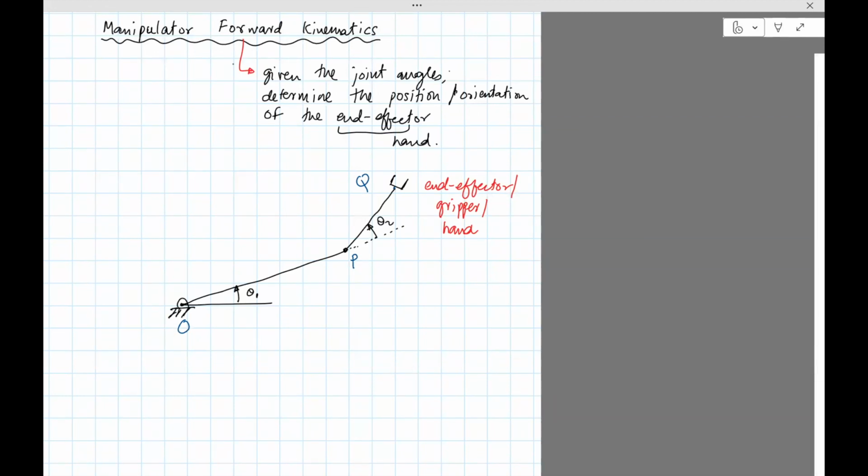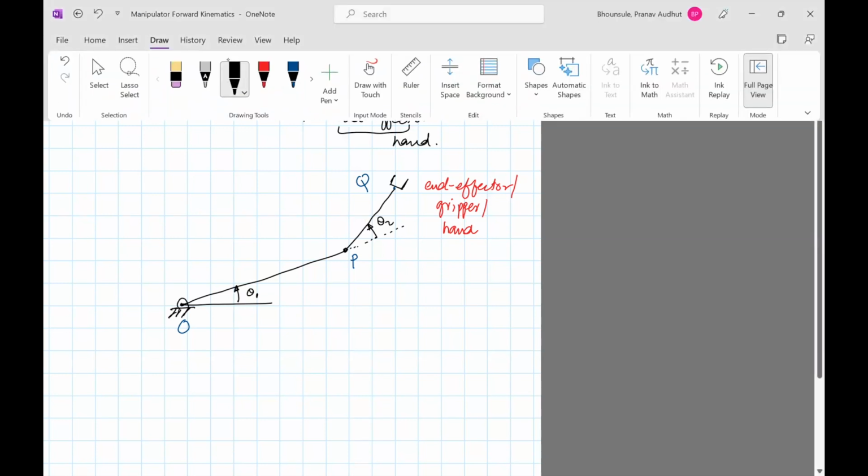So when θ1, θ2 changes, P and Q keep moving, and we want to describe that motion of P and Q as those angles change. So we need location of point P, location of point Q as θ1, θ2 changes. And once we get those positions, we can just use something simple as a line to join points OP and PQ. And that's what we'll do a little bit later.